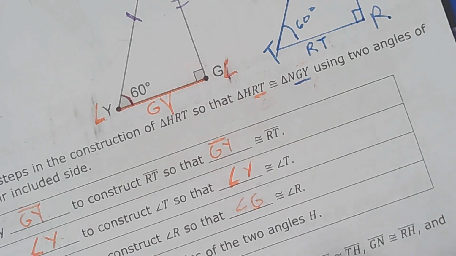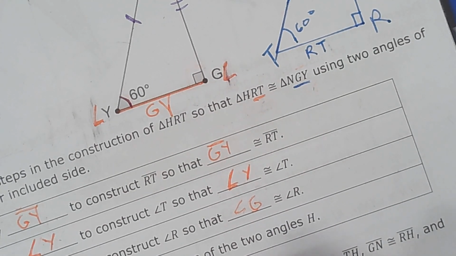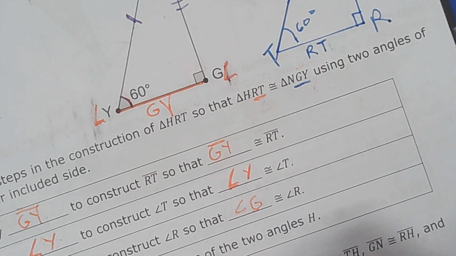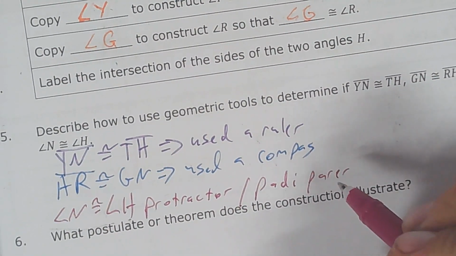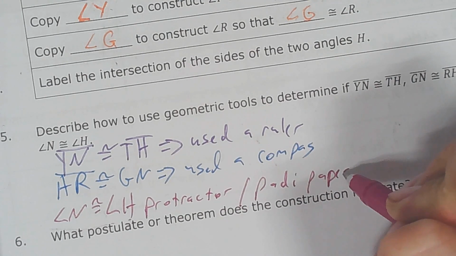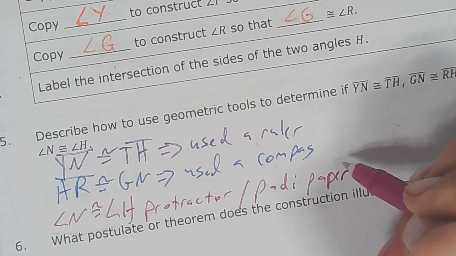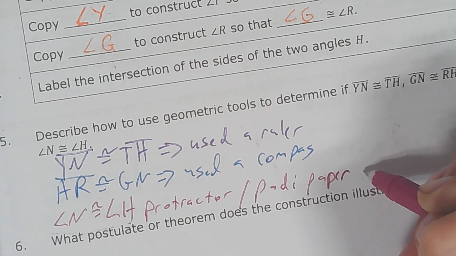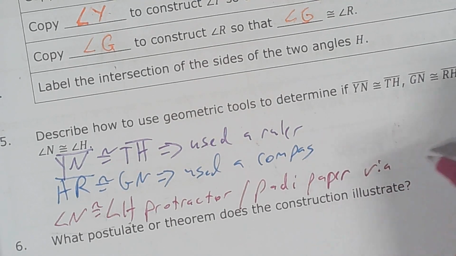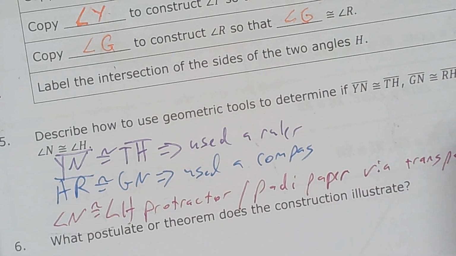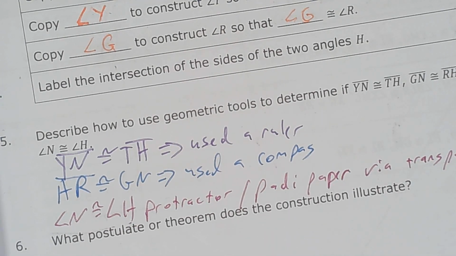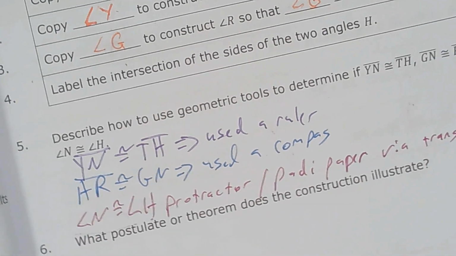You could also use patty paper, P-A-P-E-R. You could also use patty paper for any of this stuff and just kind of transpose it. Okay, so what postulate or theorem does all of this illustrate?